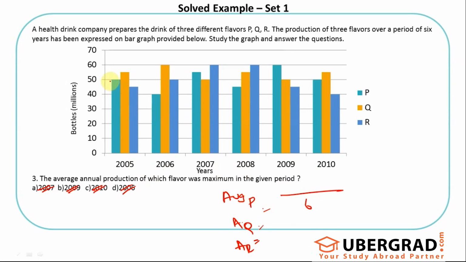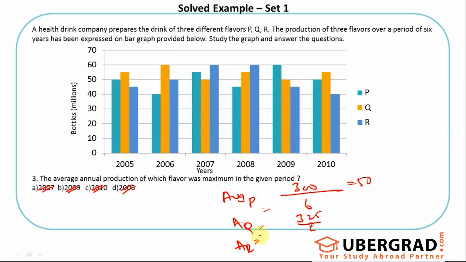For P it is 50 plus 40 plus 55, 90, 145, 190, 250, 300. For Q it is 55, 60, 115, 115 plus 50, 165, 165 plus 55 is 220, 220 plus 50, 270, 270 plus 55 is 325.